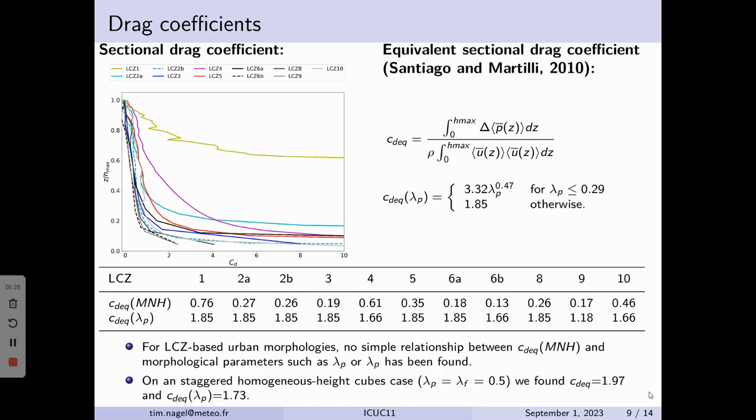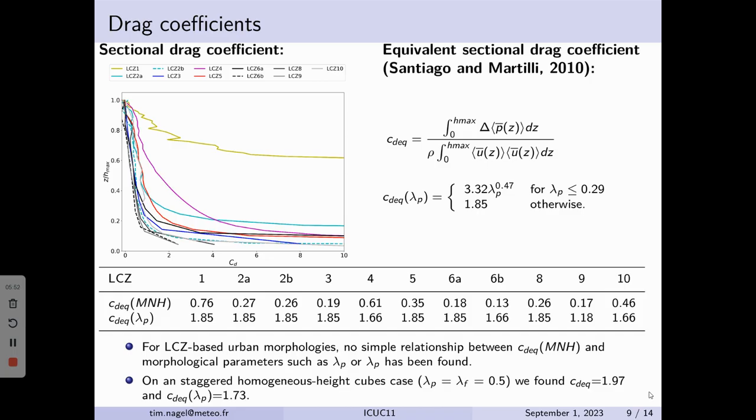It's also increasing towards the surface, and that's why Santiago and Martilli had already proposed the equivalent sectional drag coefficient, which is just one value for the entire canopy layer based on the vertical integral. They proposed a formula as a function of the plan area building density, which we tested, and it doesn't work.